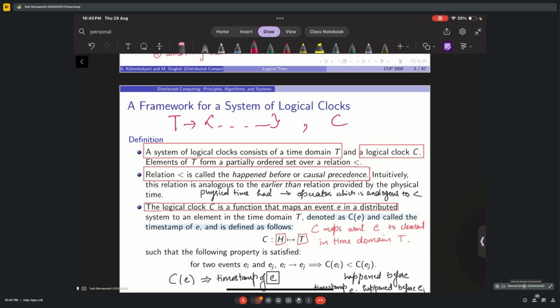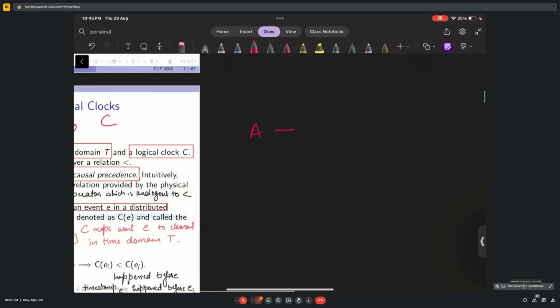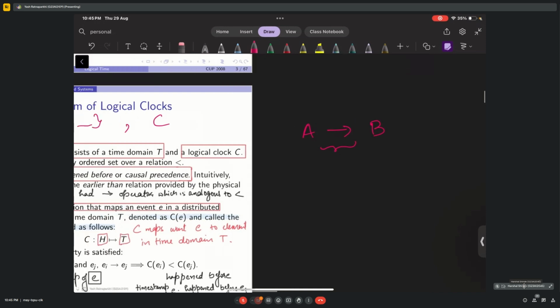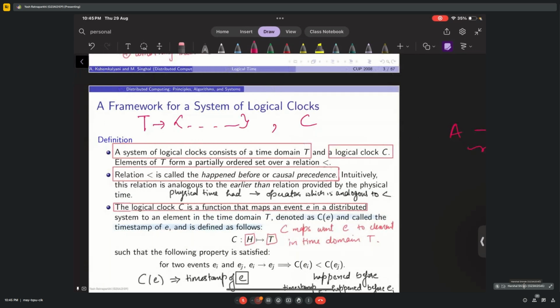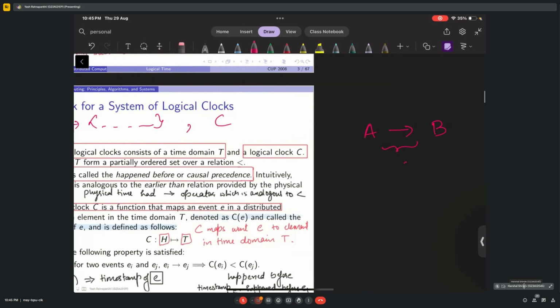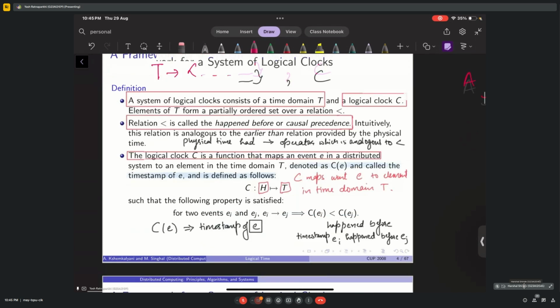In chapter 2, when we were dealing with physical time, we were writing A happened before B. This was called earlier than. Analogous means similar, so the relation less than is the same as what we studied in chapter 2, which says something has occurred before this. I will make you understand further how things go.